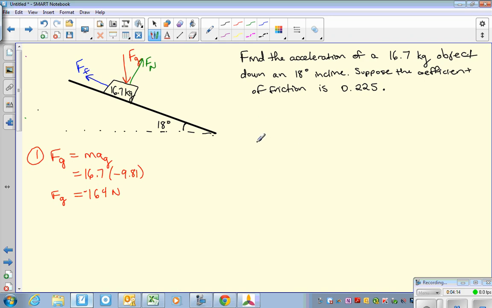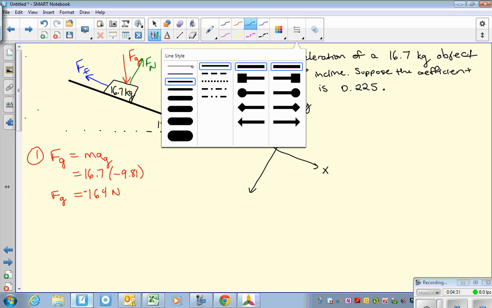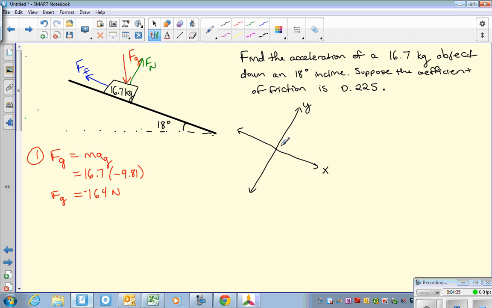So let's draw a diagram over here where if this is our surface, this is a perpendicular, those are going to become our x and y axes. So the surface is our x-axis, this is our y-axis. So drawing our vectors on this diagram, normal force is perpendicular to the surface, so that's along our y-axis.